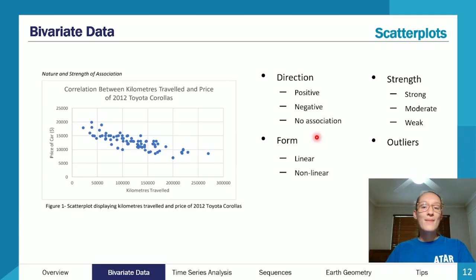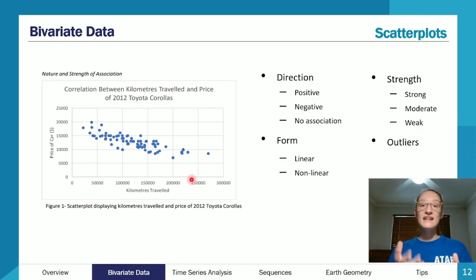It might have come to mind with the direction when we calculate an R value. An R value, a Pearson's correlation coefficient, is positive or negative, and the sign tells us about the direction. So for this example, because it does appear to be quite negative, I would assume that it's going to have a negative R value, and that could confirm for me that it is a negative relationship.